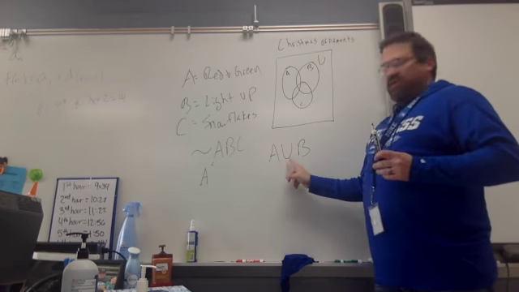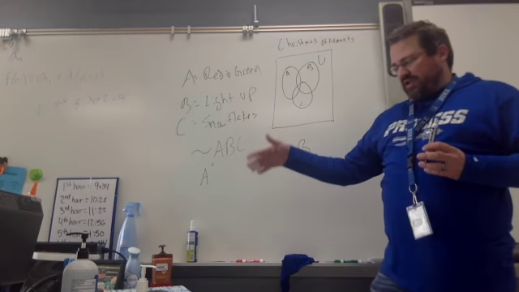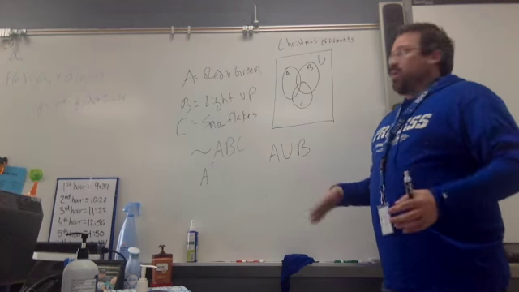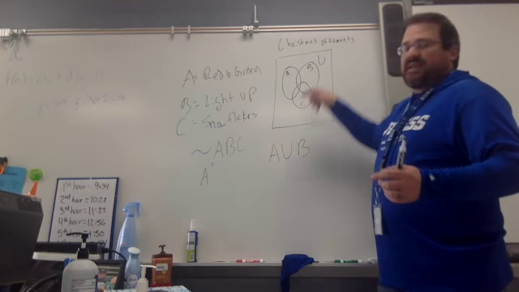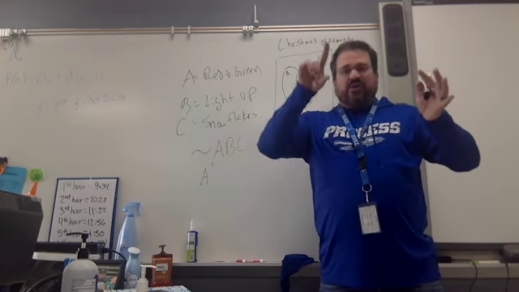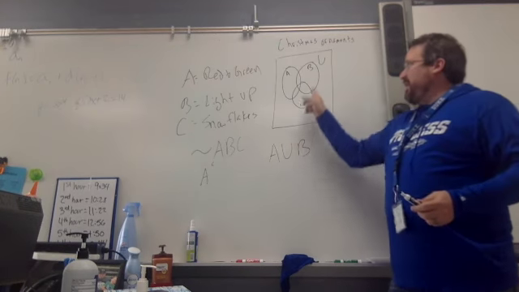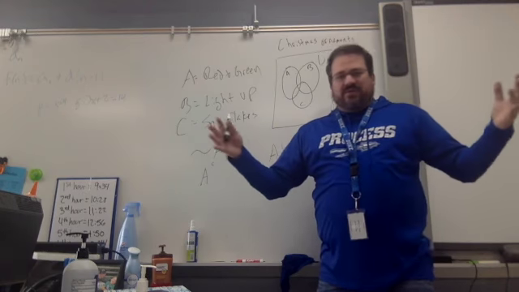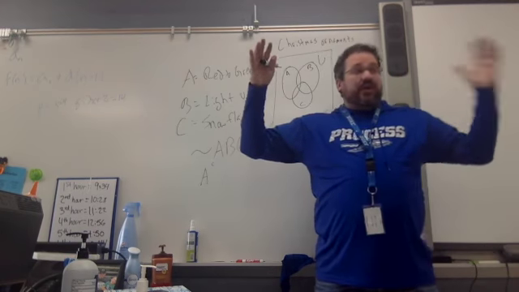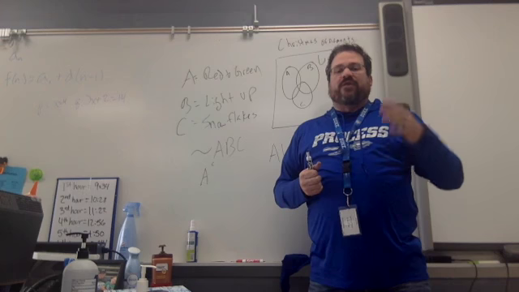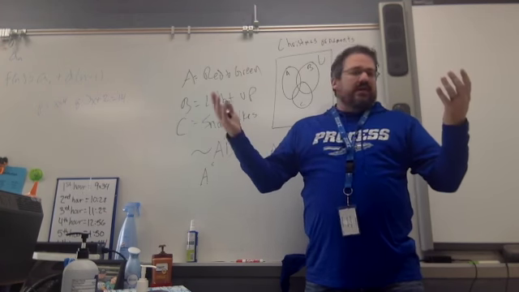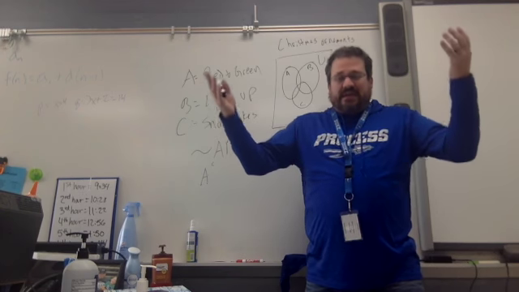Okay, so the U-looking symbol on your worksheet in the little box over to the right means I'm talking about both A and B. Or if I was talking about everything that's in B and C, I could say B union C, and that would be everything that's in circle B and C. So going back to, let's say we have the numbers 11 through 20, and we're looking for the union of the even numbers and the numbers that are divisible by 6.